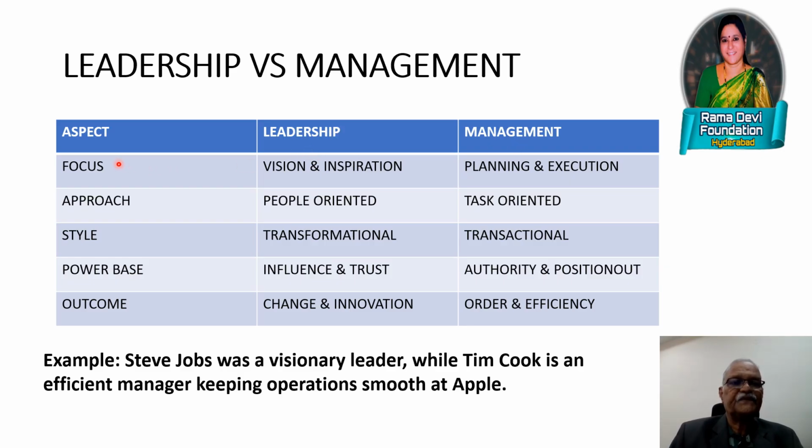On focus, the focus of leadership is vision and inspiration, and the focus of management is planning and execution. The approach of leadership is people oriented, and in management it is task oriented. If you take style, leadership is transformational and management is transactional.